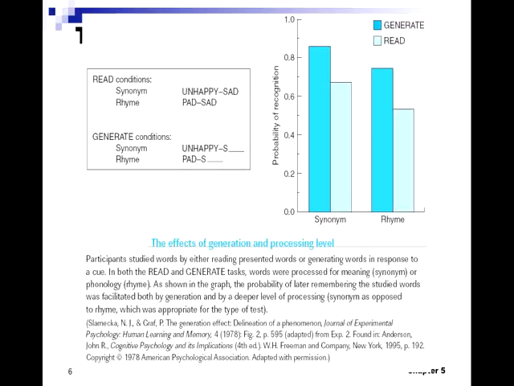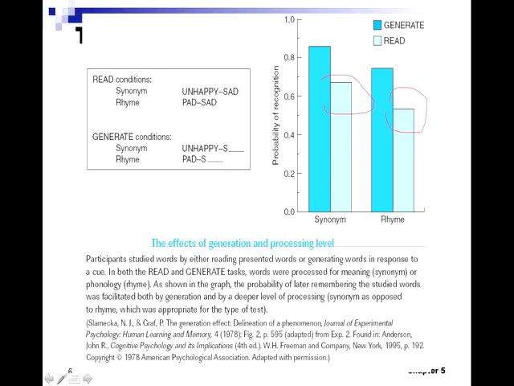Alright, so here's some generation effect stuff. They asked people to read words up here, so that's these light blue bars. They read unhappy, sad, pad, sad. So they were either synonyms or rhymes. People are a little better at synonyms, check, because they're semantically related than they are rhymes.